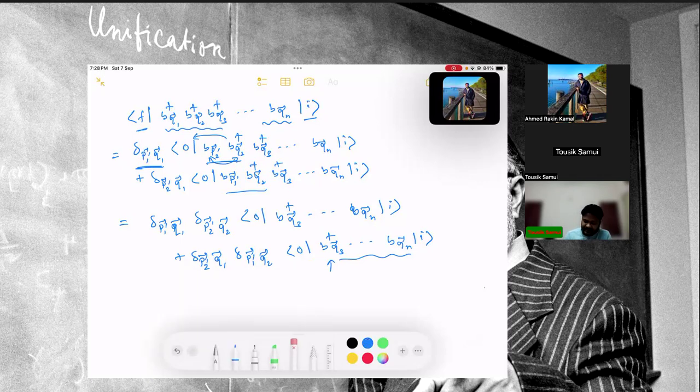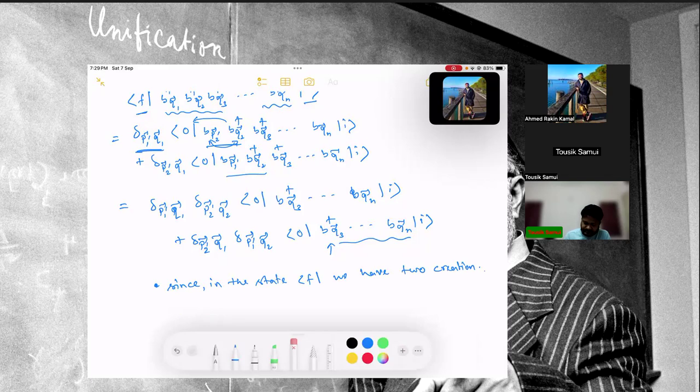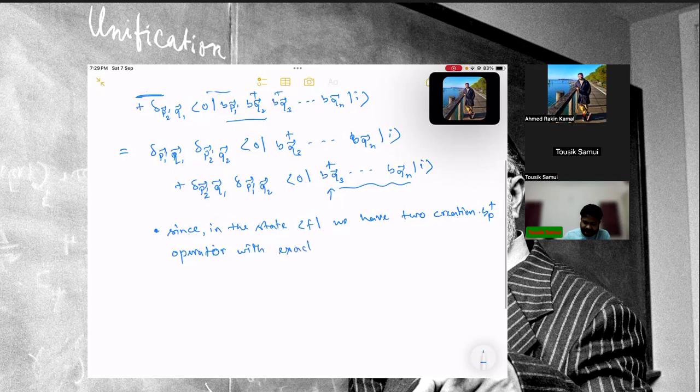One thing that we notice is that in the state F, we have creation operators only, and an operator with exactly two daggers has non-zero value.